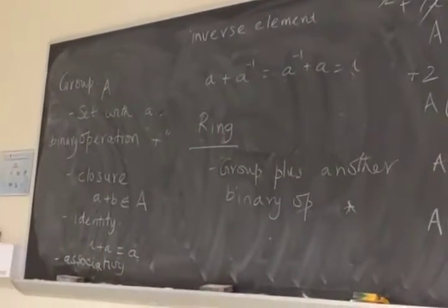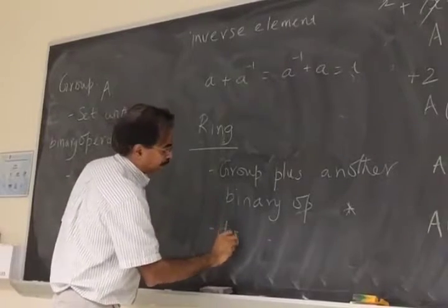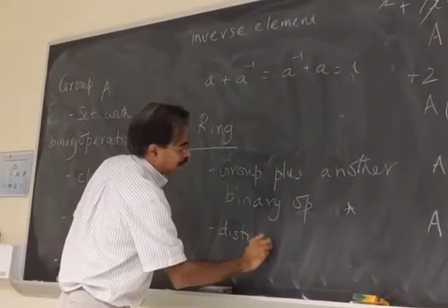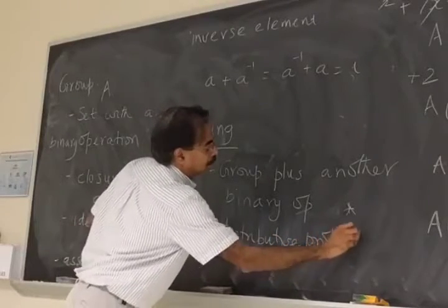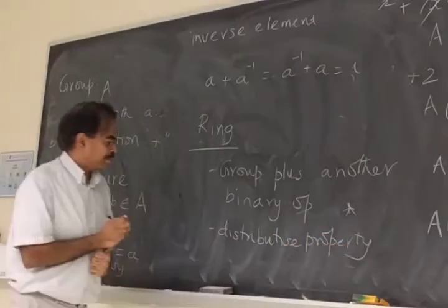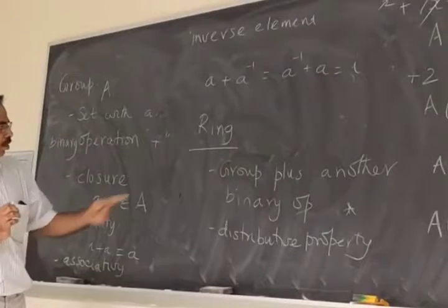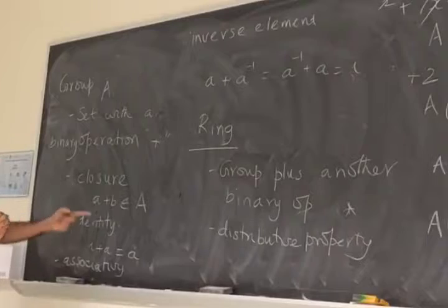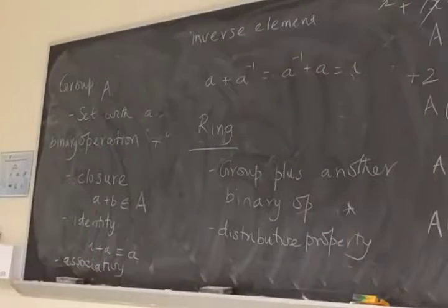Now the additional conditions are the distributive property, and the plus has to be commutative. There are a few more things.